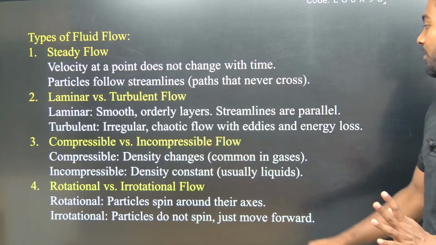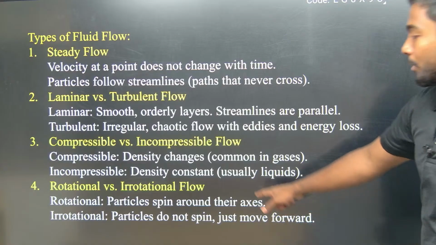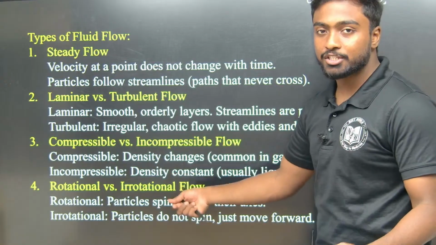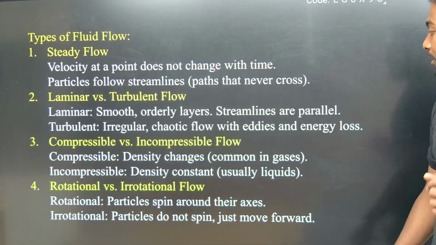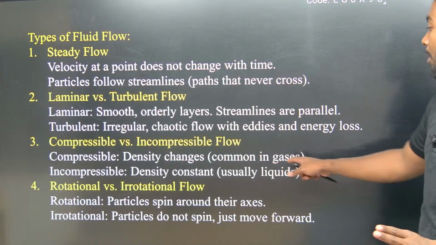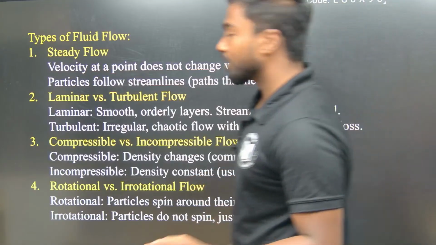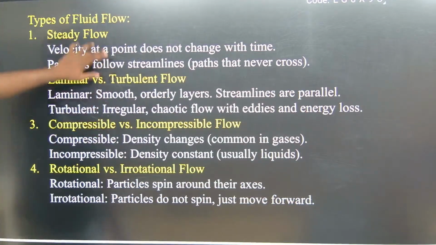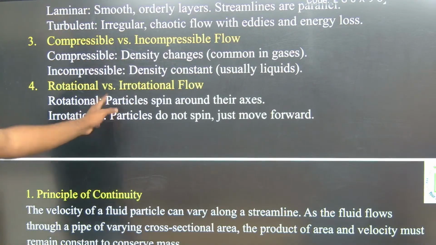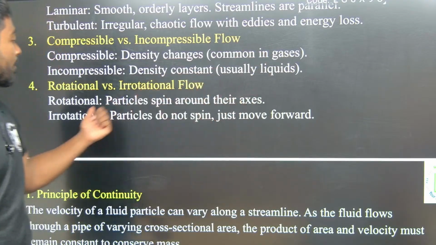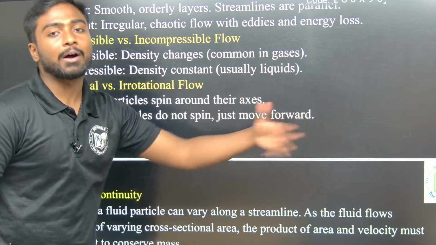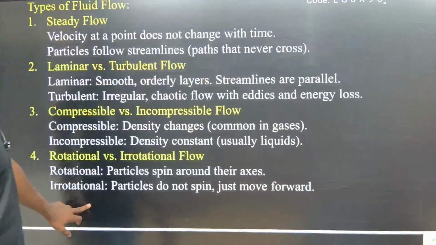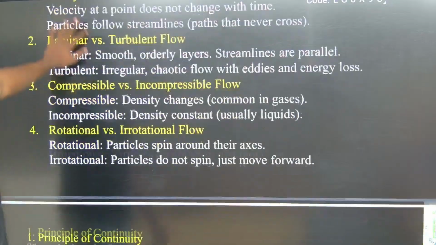Compressible versus incompressible: in compressible flow the density changes, and in incompressible flow the density is constant. Compressible is common in gases, and constant density is usually for liquids. Next, rotational versus irrotational: in rotational flow particles spin around their axis, while in irrotational flow particles do not spin, they just move forward and backward. This is about the types of fluid flow.